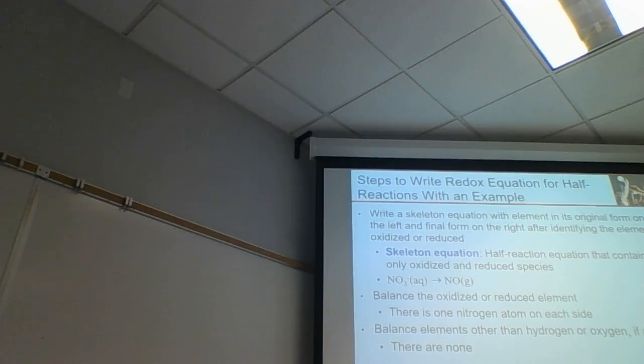So we have this, and then we had single replacement, which we looked at the pattern, the A plus BX pattern, yields AX plus B. And then we also have combustion reactions.